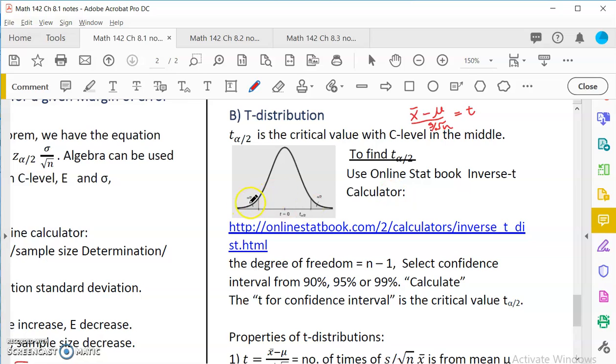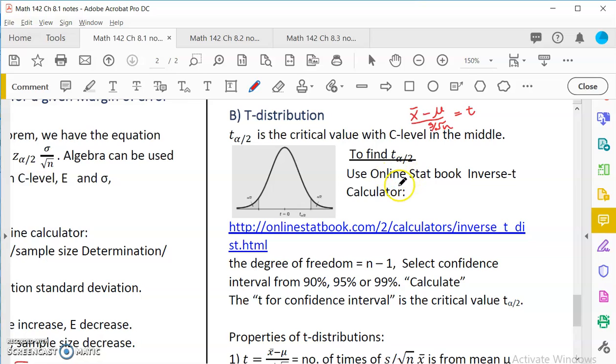If you draw the z distribution on it, z would have a smaller tail. So if we have a confidence level, we can treat it as if it's a z distribution, draw the level here, and you can still find the critical value t alpha over 2.